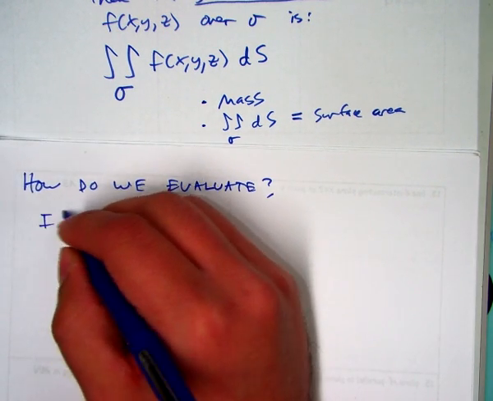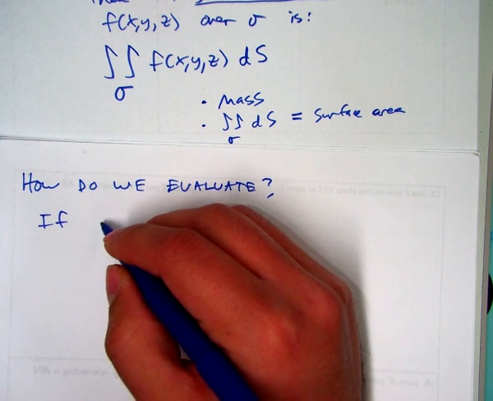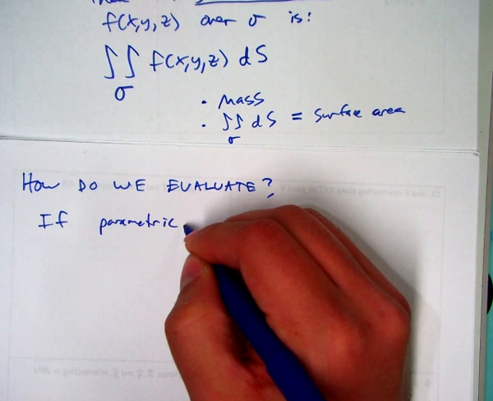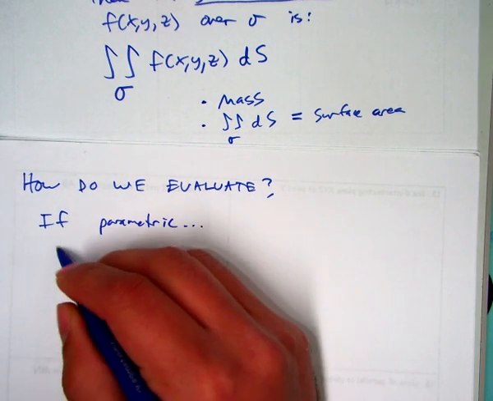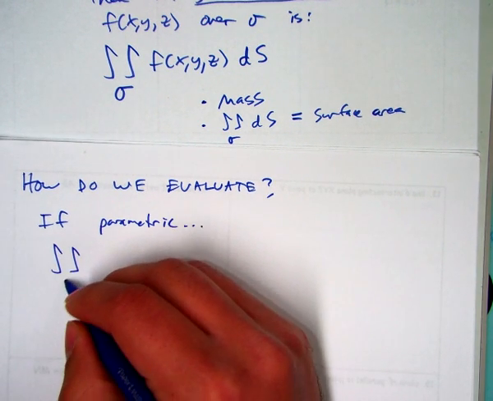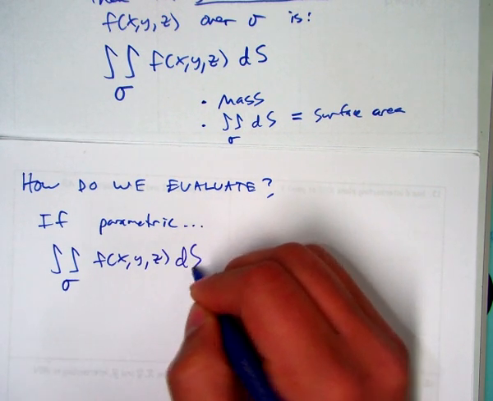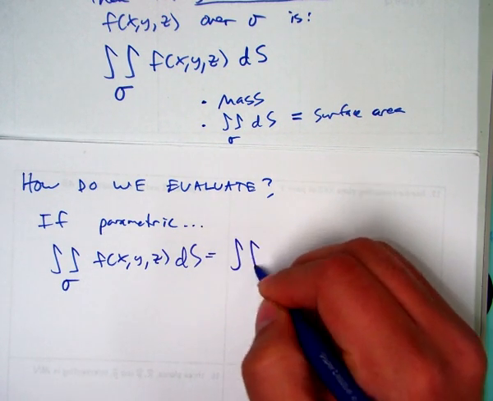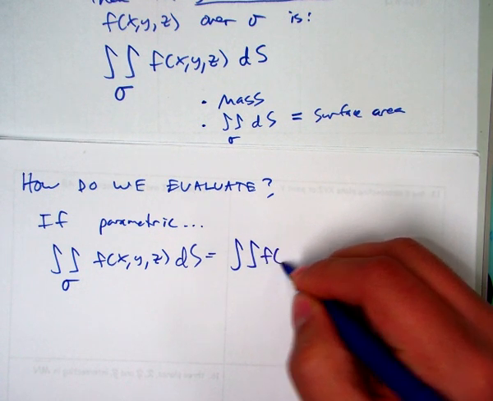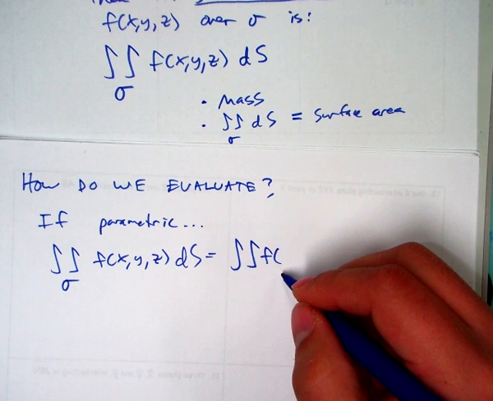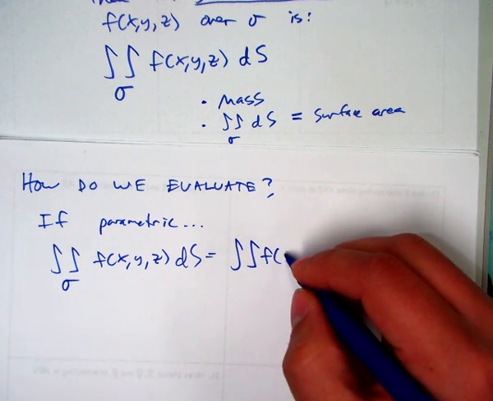Okay, if we are in a parametric setting, then we're going to say that the surface integral of f of x, y, z ds is going to be a double integral. We're going to plug in our parameterization for the surface, much like we plugged in the parameterization of a path into our function.